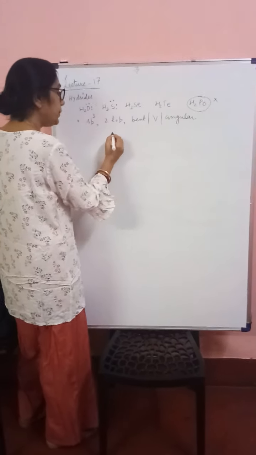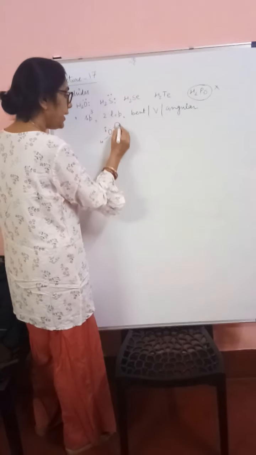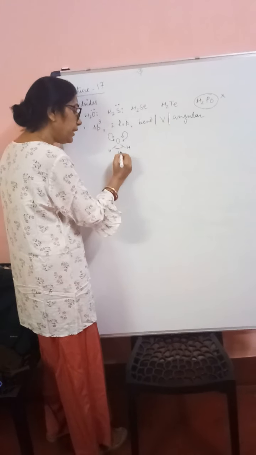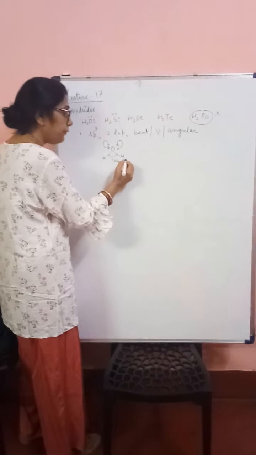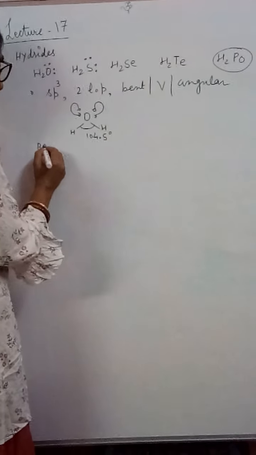Let's see an example. Like water, and this shape is known as bent, V or angular. Water, its bond angle is 104.5 degree.